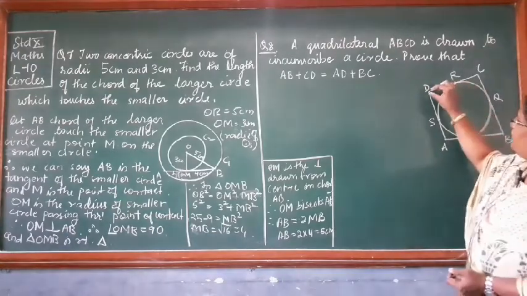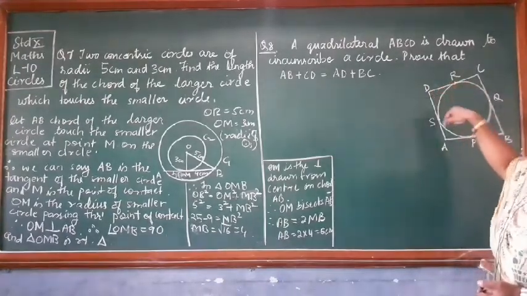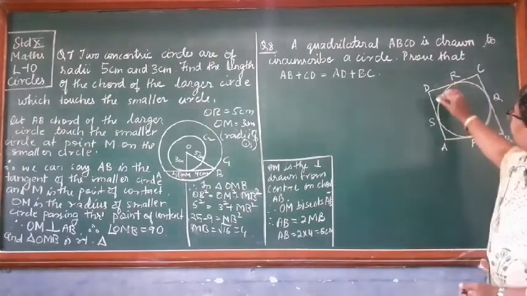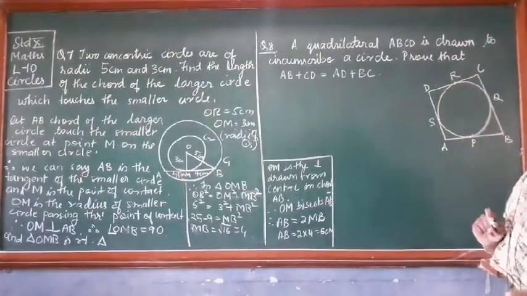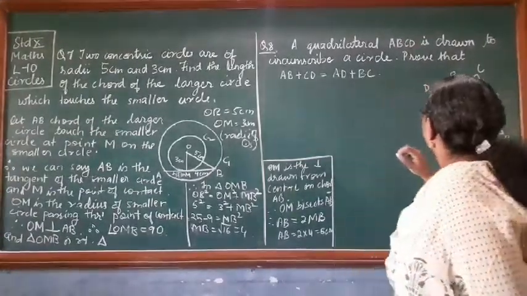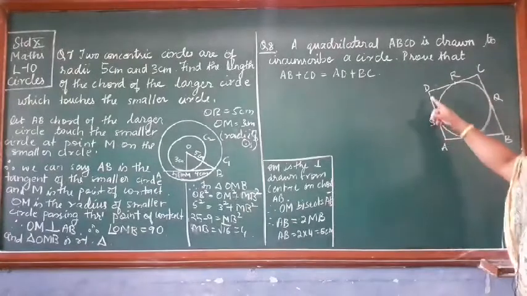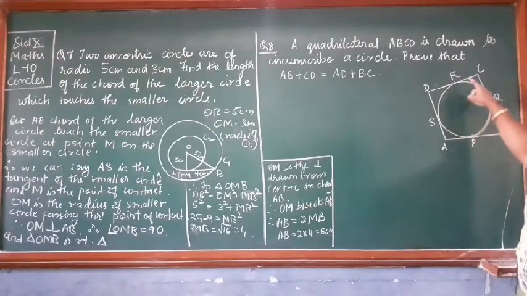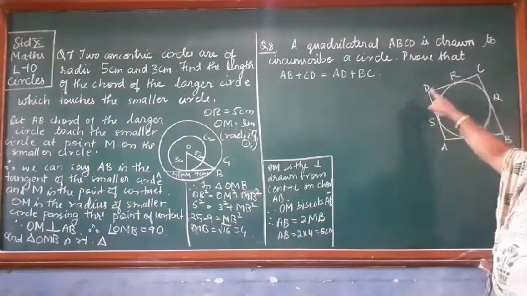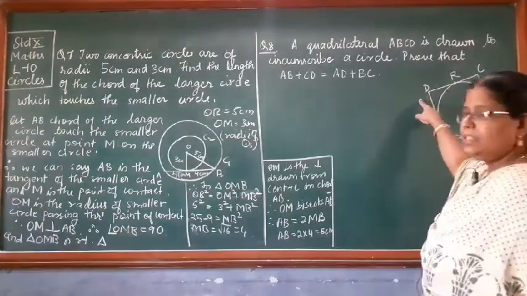At any point from which two tangents are being drawn on a circle, the lengths of the tangents are equal. Okay, so from the figure we can say that DA and DC are the tangents drawn from the point D, which is lying outside the circle.